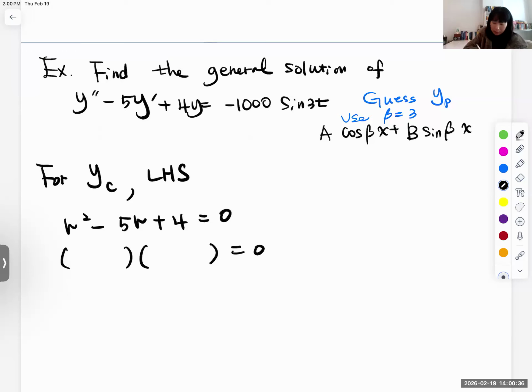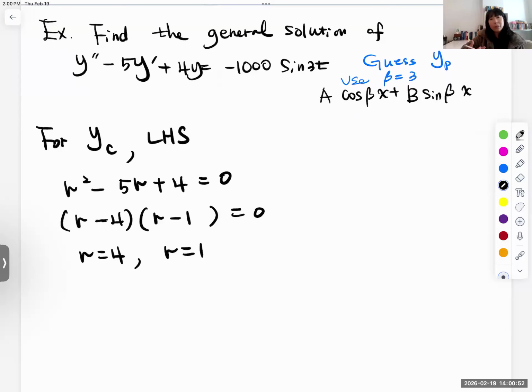Negative 4, negative 1? Okay, then r equal to 4, r equal to 1, right? The complementary solution will be C sub 1 e to the 4x plus C sub 2 e to the 1x, which is e to the x, right?